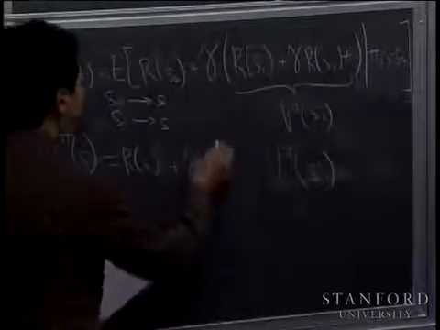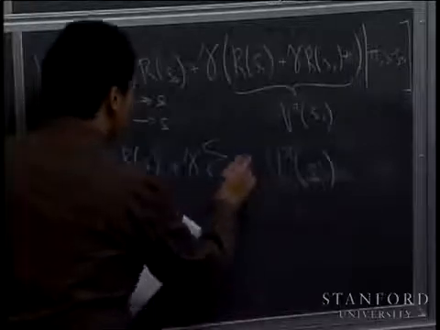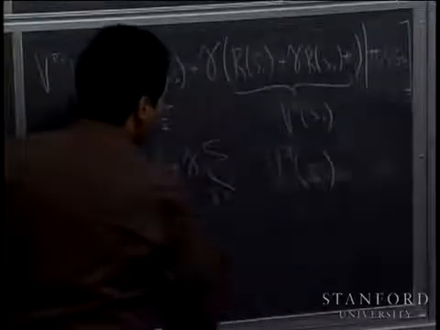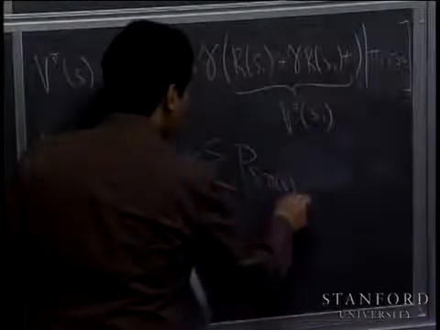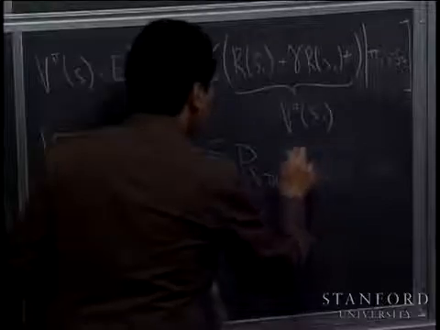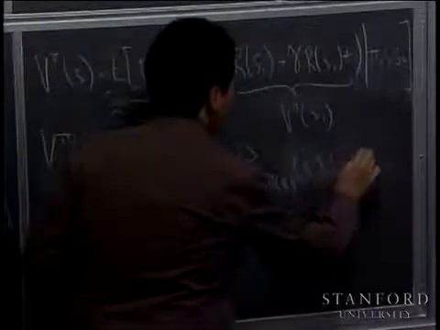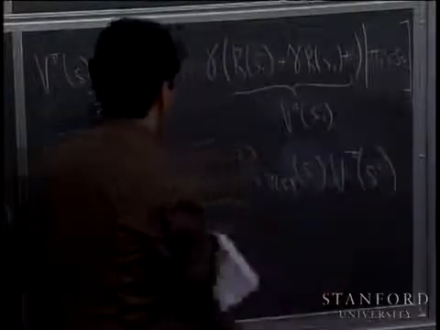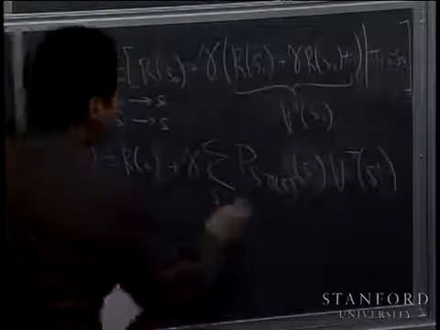And so taking expectations, this is a sum over all states S prime of your probability of getting to that state, times V pi of S prime.